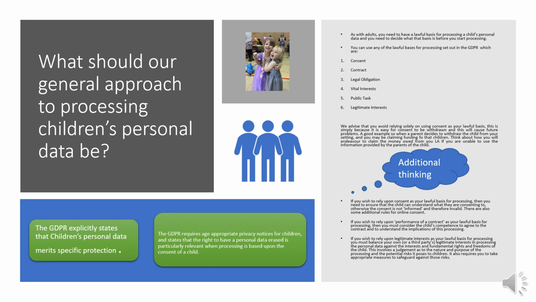If you wish to rely upon consent as your lawful basis for processing, then you need to ensure that the child can understand what they are consenting to. Otherwise, the consent is not informed and therefore invalid. There are also some additional rules for online consent.